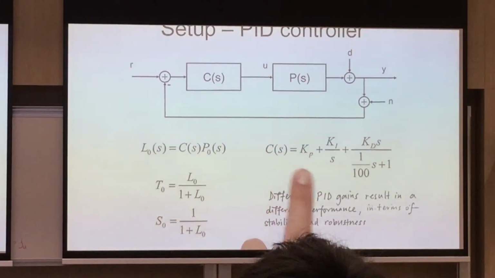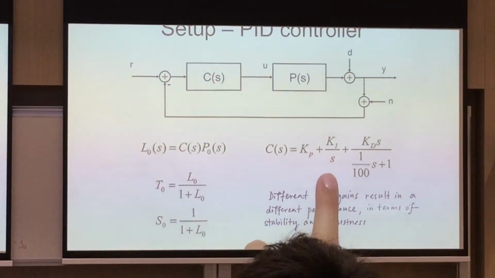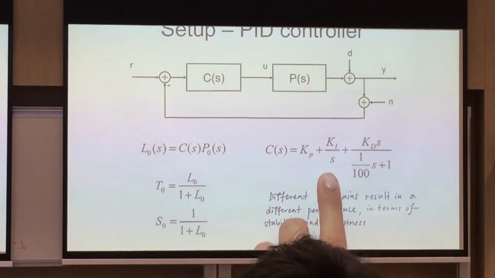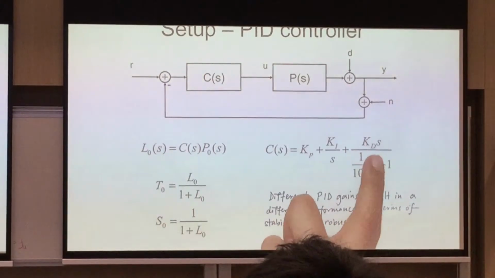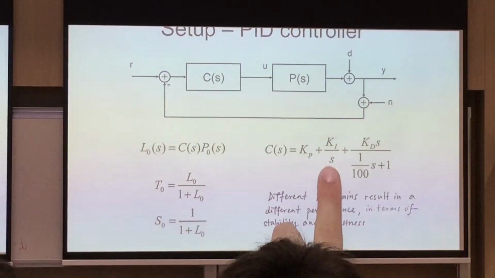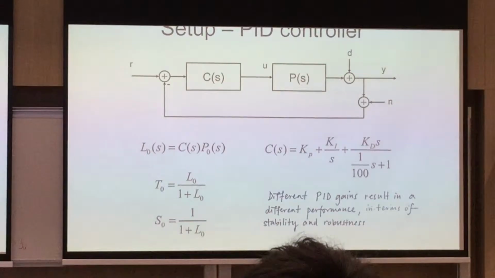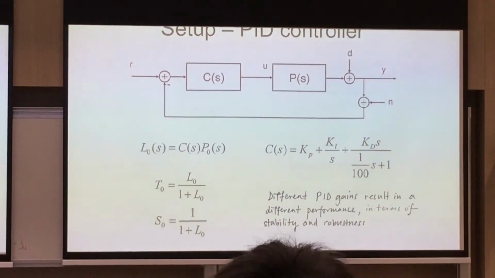Okay, where C(s) is the proportional gain KP plus an integral gain KI over s, the integrator, plus KD s over a certain time lag, tau s plus 1. So this is a proportional gain, this is your integral gain KI, this is your derivative gain KD for the PID controller.